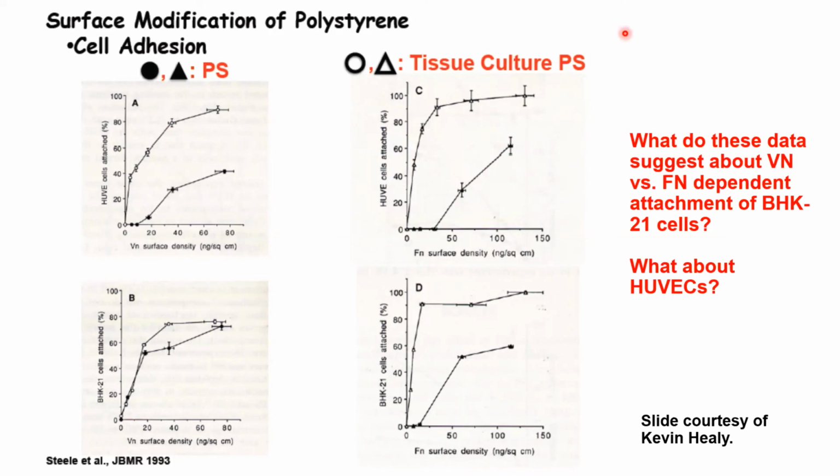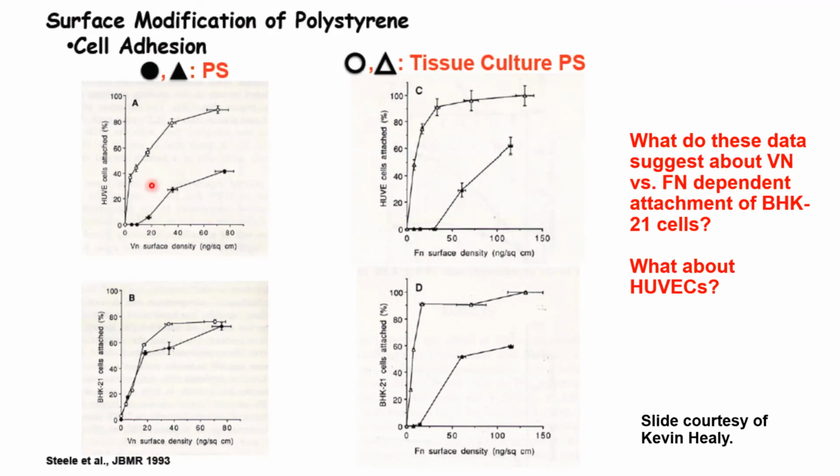Now, just by show of hands, maybe you can give me a thumbs up for tissue culture polystyrene and a clap for regular polystyrene. Which of these surfaces is better for promoting cell adhesion through fibronectin or vitronectin?